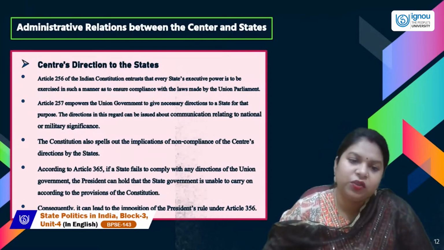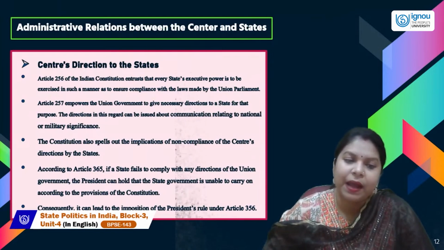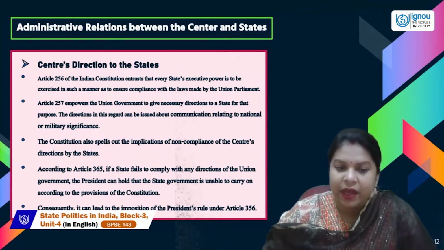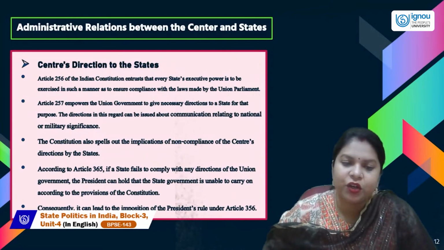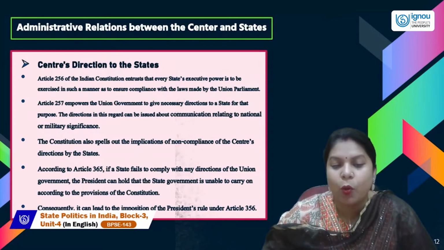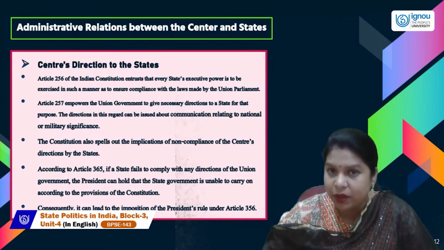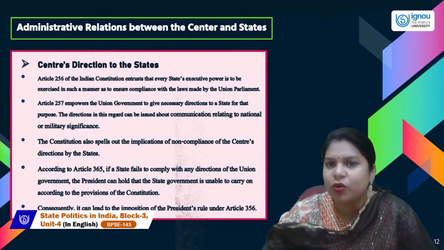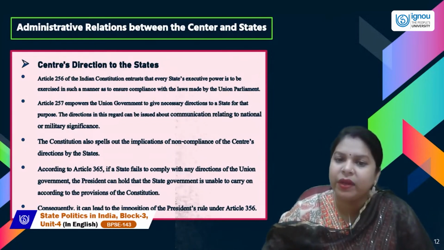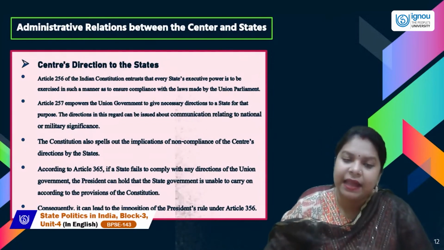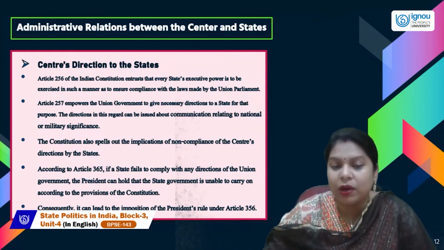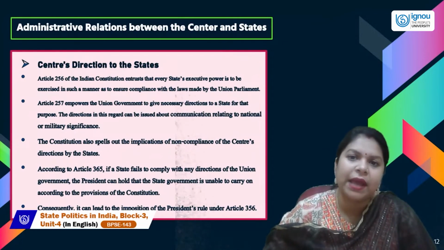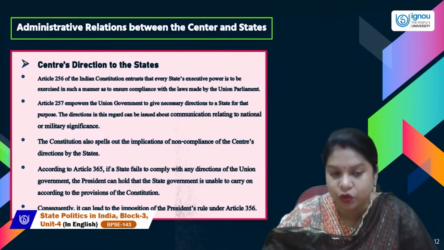The Constitution also spells out the implication of non-compliance with the center's directions by the states. So, according to Article 365, if a state fails to comply with any direction of the union government, the president can hold that the state government is unable to carry on according to the provisions of the Constitution.